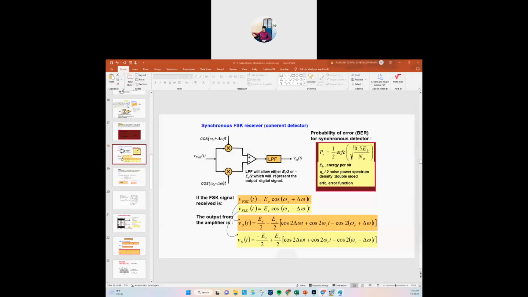Continue here. That's why here you say that the LPF will allow either EC or omega C, which will represent the output digital signals. You try this at home so that you don't just accept this figure.